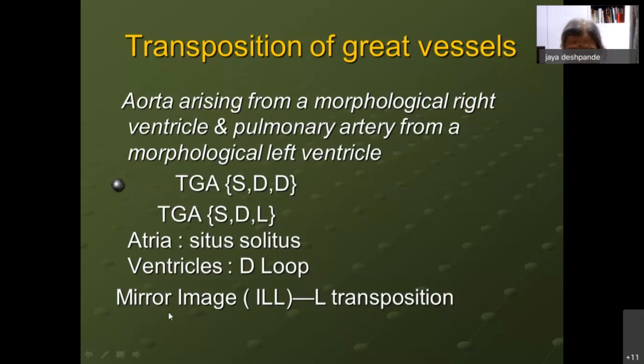Then if you have mirror image, you have I, L, L transposition. I is indeterminate, L loop of the ventricles, that means the right ventricle is on the left side, the left ventricle is on the right side, and L position, that means the aorta is to the left and the pulmonary artery is to the right.